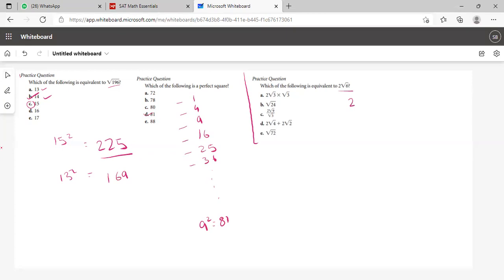Okay. 2 can be written as it is, and under root 6 can be under root 2 into 2 into under root 3. So this cannot be the answer. Right, okay. What about this, under root 24?